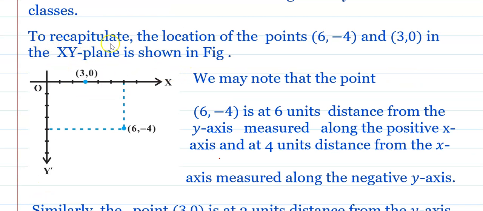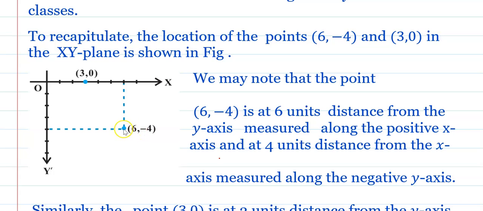To recapitulate, the location of the point (6, -4) is in the fourth quadrant, and (3, 0) in the xy plane, as shown in the figure.